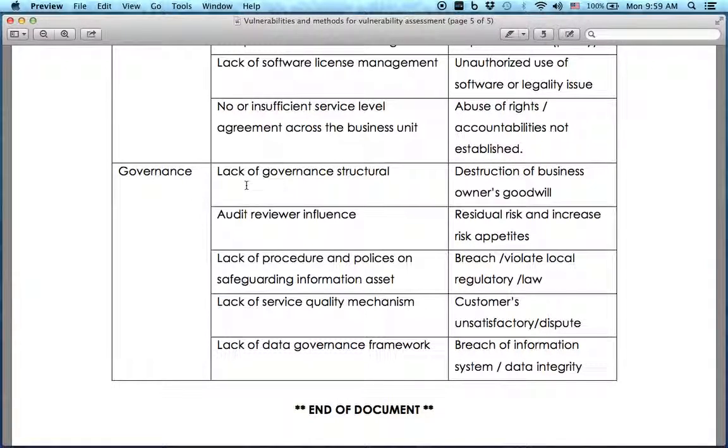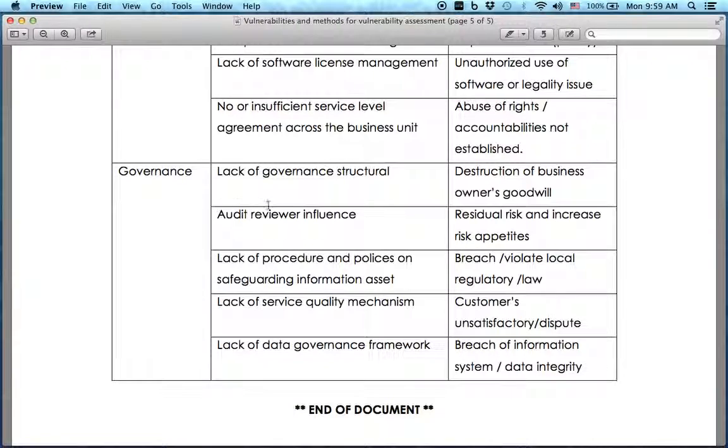Related to governance, for example, the vulnerability is lack of governance structure. The threat is destruction of the business owner's goodwill, so we need to protect the interest of the stakeholders and shareholders. The second is audit reviewer influence. This is very important.